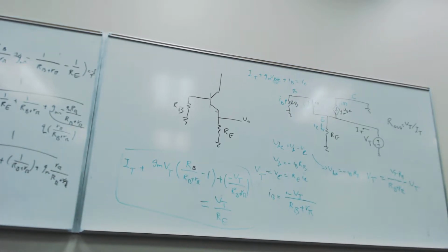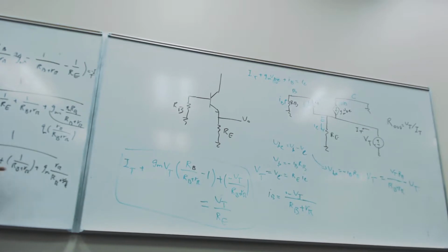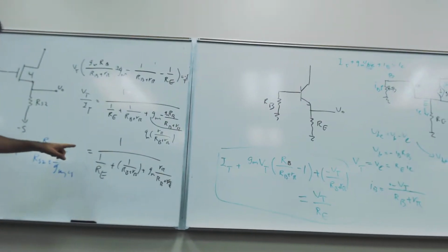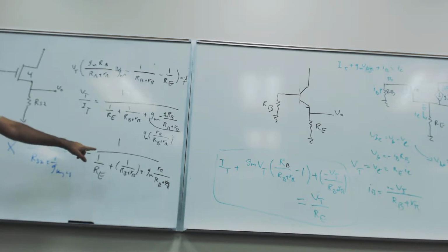So, take home message, RB is going to actually show up in the output resistance. Now, if you actually do the work here a little bit more, what you're going to find out is that this is actually 1 over RE in parallel to RB plus R pi divided by beta plus 1. GM R pi is beta.